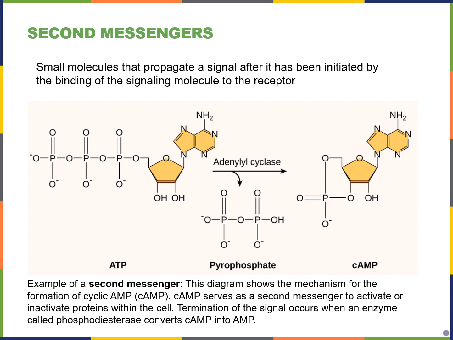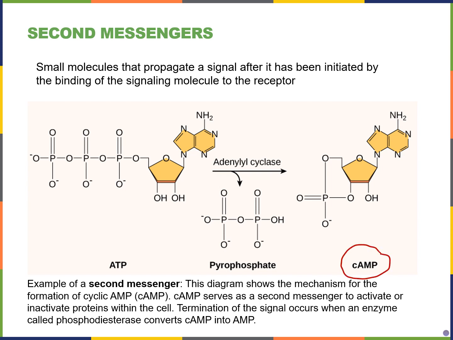Something else that can happen in the cell is the production of molecules called second messengers. So these are called second messengers because the original messenger, that signaling molecule or ligand, cannot cross the membrane. So it activates the production of second messengers that are inside the cell. And one really common example of a second messenger is something called cyclic AMP.